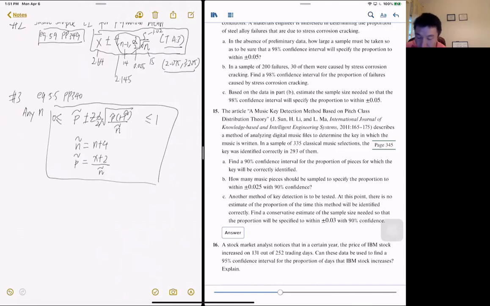If the value is larger than 1, we use 1, because this is a proportion. Proportion cannot be outside 0 to 1. In this question, x is equal to 293, and n is equal to 335.